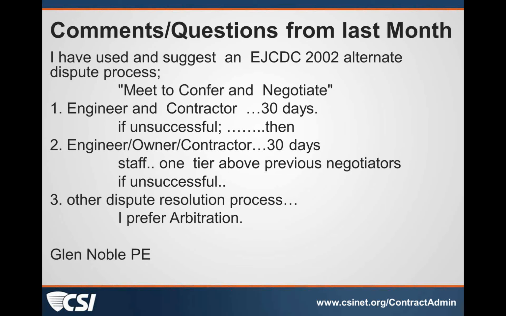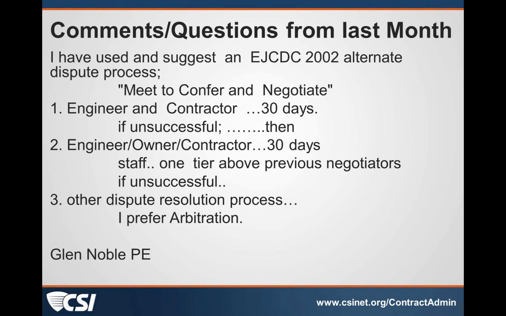It's the process that he's used where the designer or engineer and the contractor first take a crack at it. If they're unsuccessful, they bring the owner in. And then if that doesn't work, then they go to the process that's probably outlined in the contract about dispute resolution. He prefers arbitration. I think this is a good process.